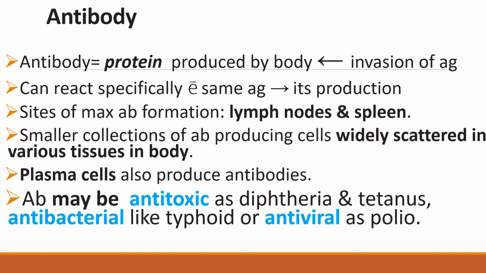Sites of maximum formation of antibody are lymph nodes and spleen, and a smaller collection of antibody producing cells is widely scattered in various tissues in the body. Plasma cells also produce antibodies. Antibody may be antitoxic as in diphtheria and tetanus, antibacterial like typhoid, or antiviral as in polio.